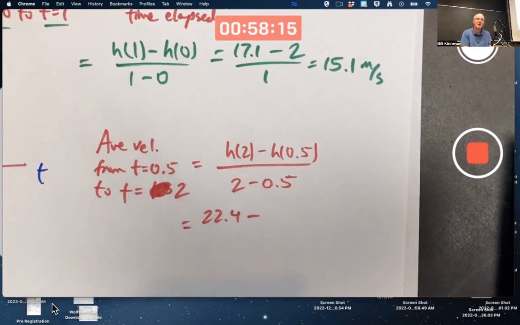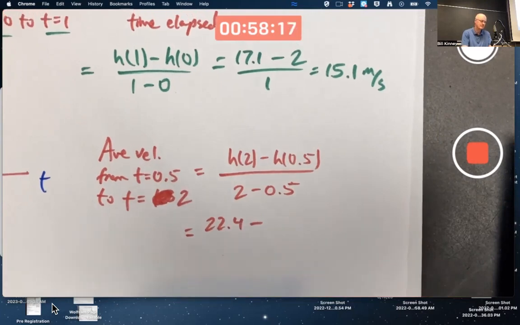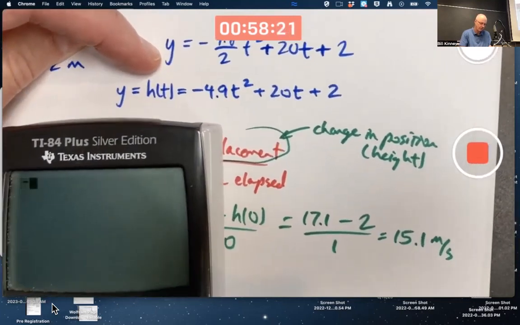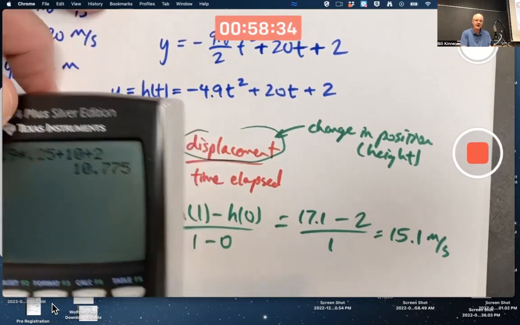What's the height at time 0.5? Plug in 0.5. Negative 4.9 times 0.5 squared is 0.25. Plus 20 times 0.5 is 10. Plus 2, 10.775.